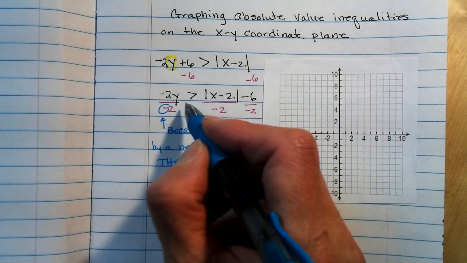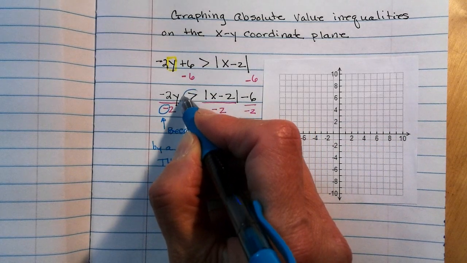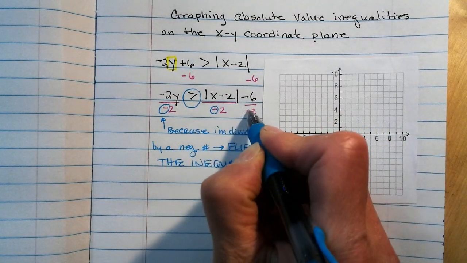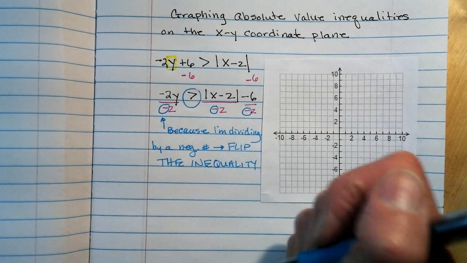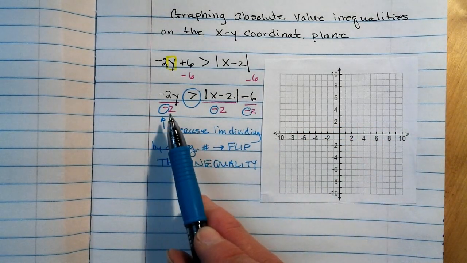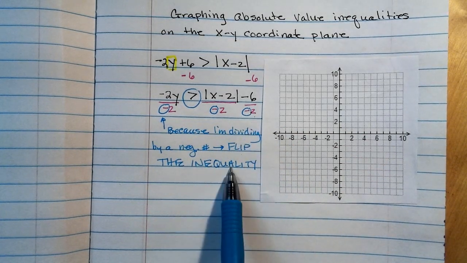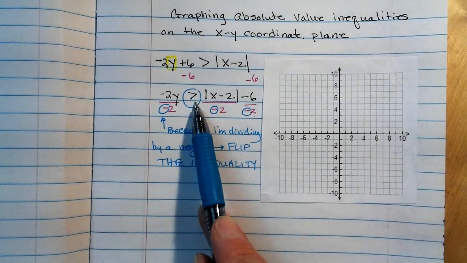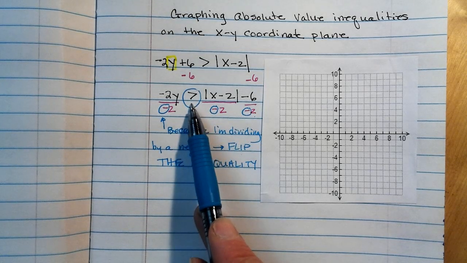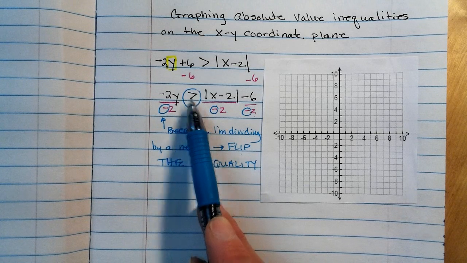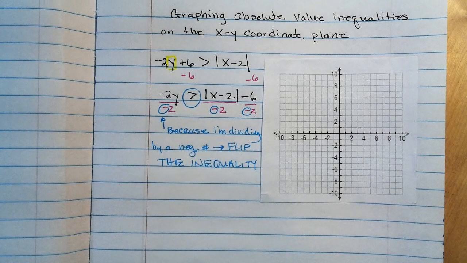Okay, that's very important. So this inequality right here needs to flip because I'm dividing everything on both sides of that inequality by a negative. This is called an inequality. It's not a sign. Oftentimes people call it a sign, that is wrong. This is a sign. This is an inequality. So your inequality will flip.